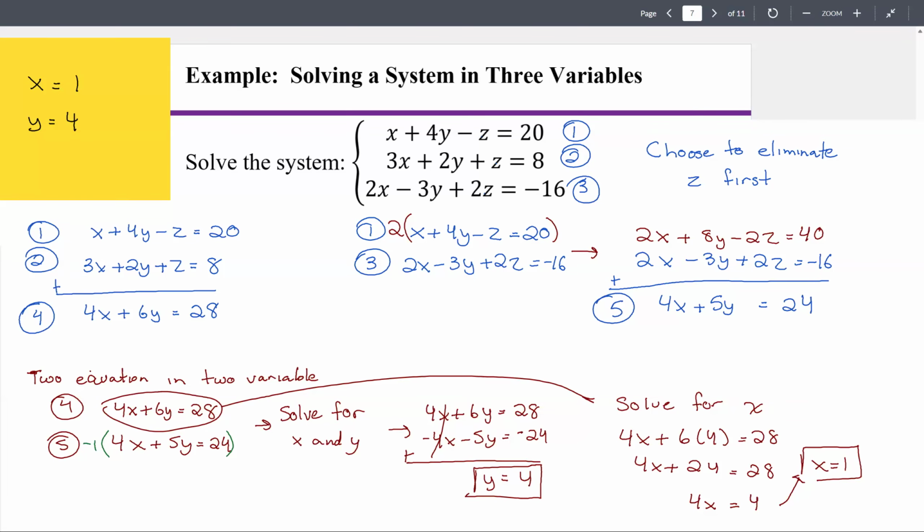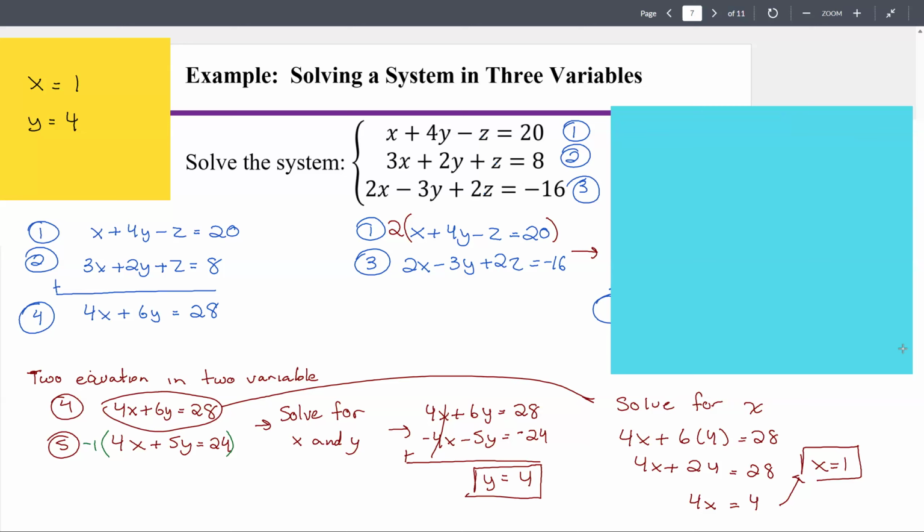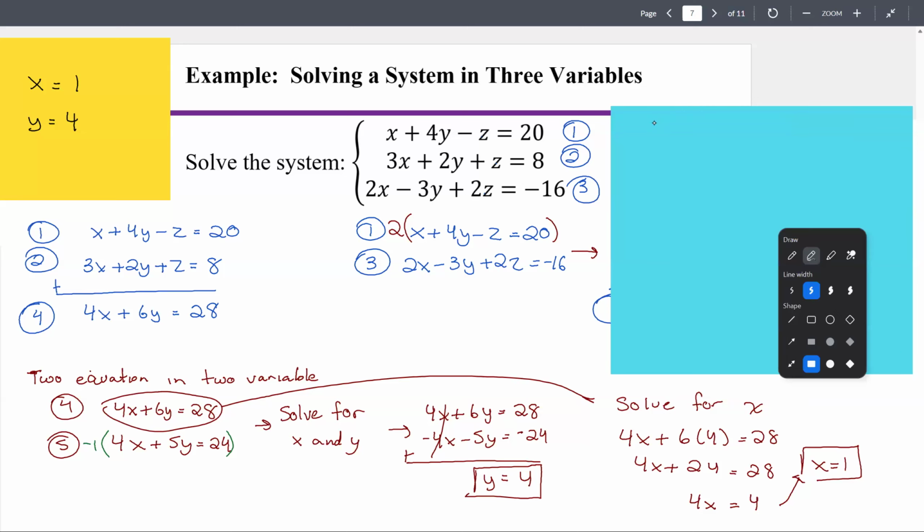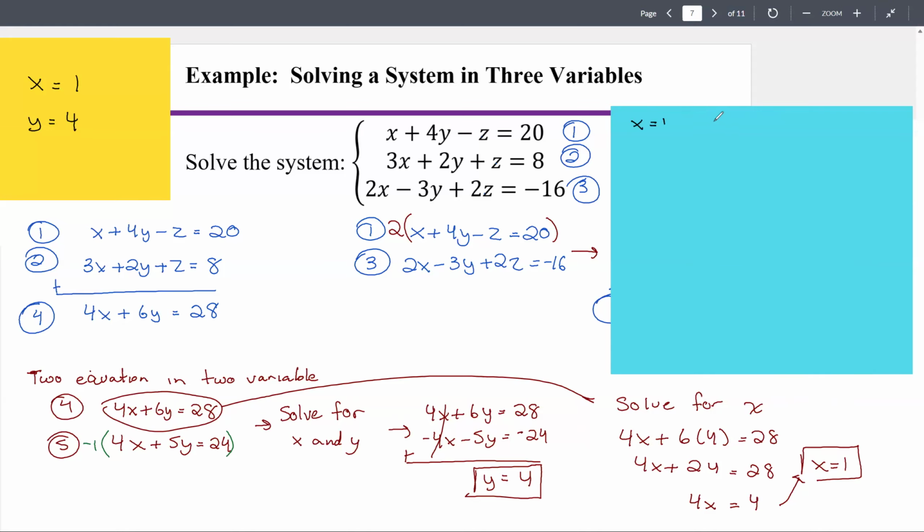So our very last bit of this is, we know that x is 1, we know y is 4, so we just want to solve for z, and we just want to pick one of our equations. I'm just going to pick the top one, my x plus 2y minus z equals 20. We said x is 1, we said y is 4, so we just have to figure out what z would be.